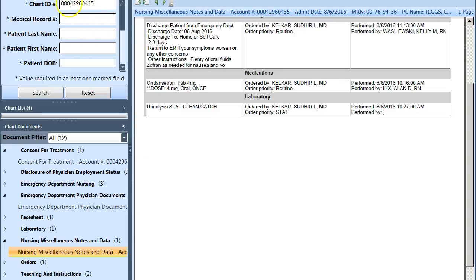So right here I have a chart ID listed here, which is the chart ID for this date of service, and the date of service here is August the 6th.